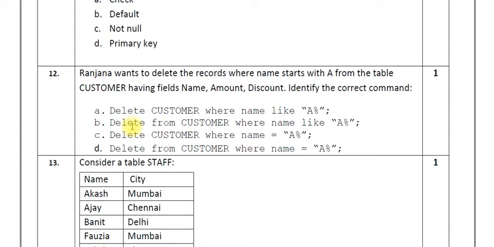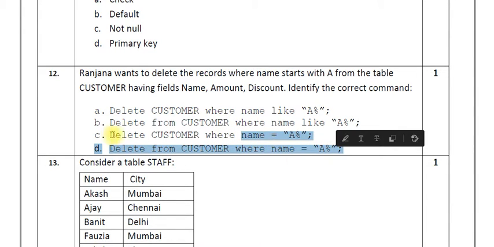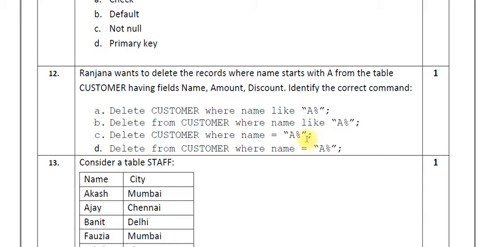Now, usually, how are we going to do that? As you can see, it says pattern, starts with A. So definitely, we can simply say where name equal to A modulus. It's a wildcard character. So we can remove these two commands, C and D, from over here.